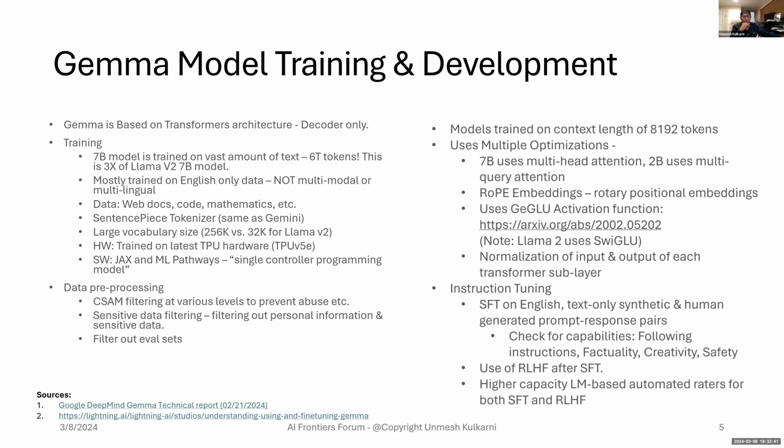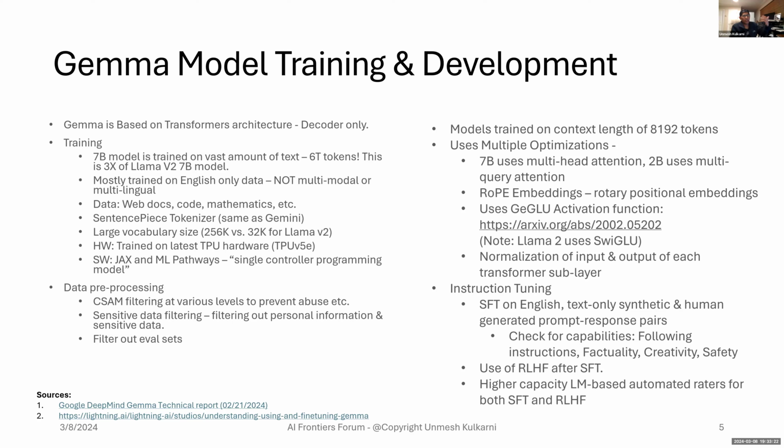I can talk a little bit about that, but I think these are minor details, because if you look at the GLU paper, which is gated linear units, and enhancements like Gaussian error linear units, the performance numbers show there is not a huge difference between SwiGLU and GeGLU. So this is a different algorithm, but not necessarily driving any major enhancement to the outcome because of the nonlinear function. And then we are doing normalization of the input and output of each transformer sublayer, which is also very common.